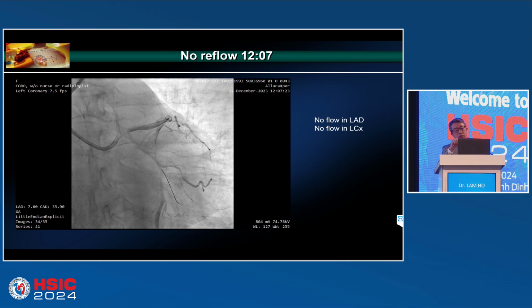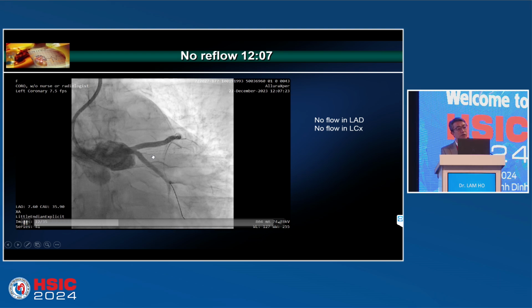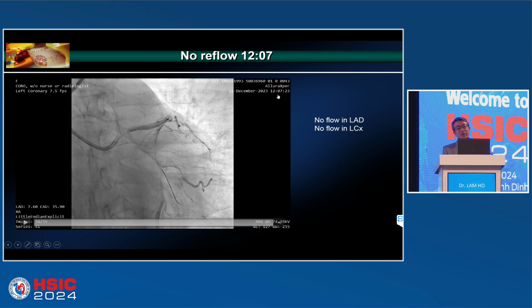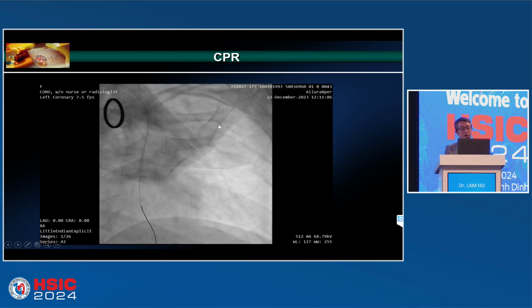You can imagine you squeeze with high pressure, and the lipid goes to the left main, and the blood continues to flow from left main to AD, but your balloon was inflated, so it will push the lipid from left main to the circumflex. So both AD and circumflex no flow, just at inflation. You see the time at once, no flow in AD and circumflex.